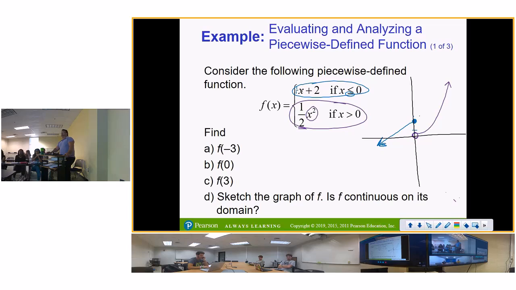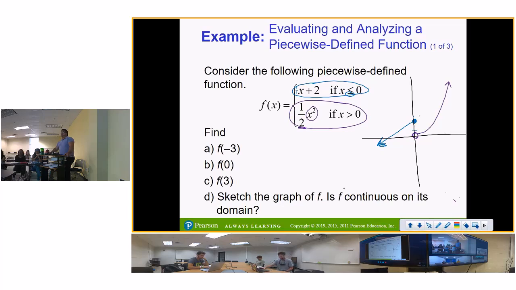And what is 0 plus 2? 2. Okay? Now this one, f of 3, is going to include the purple line. So 3 squared is what? 9 over 2 is 9 halves. So C would be 9 halves.